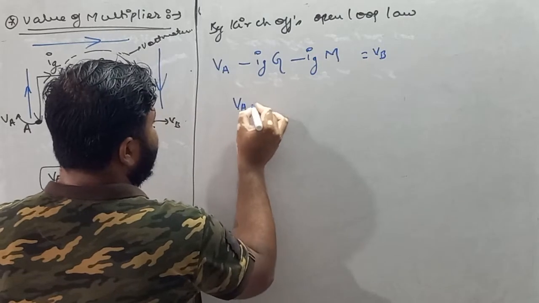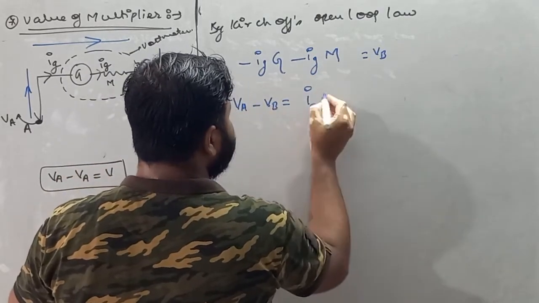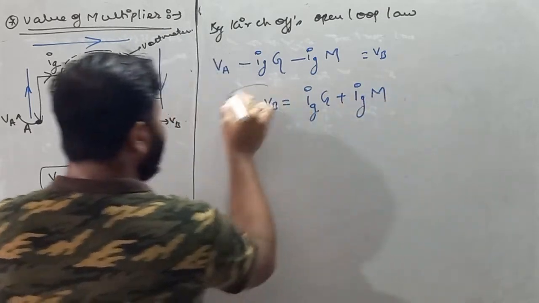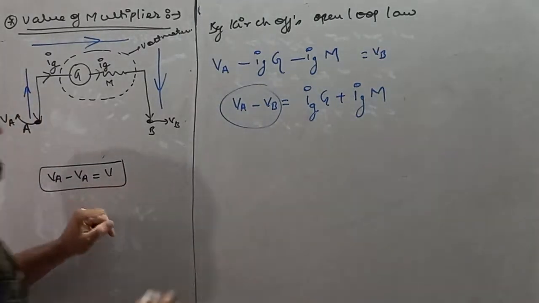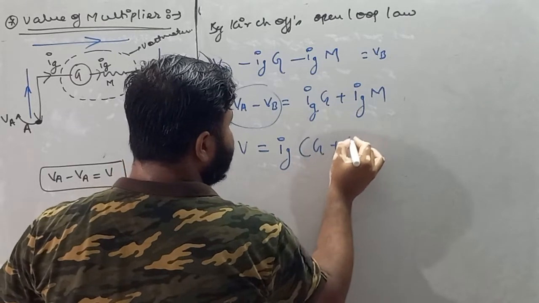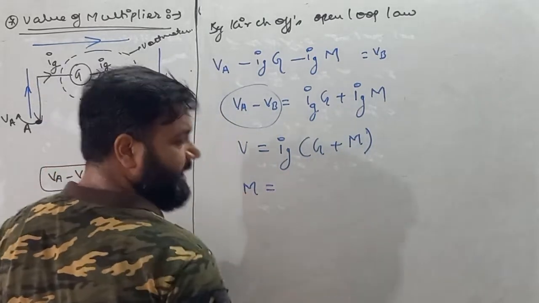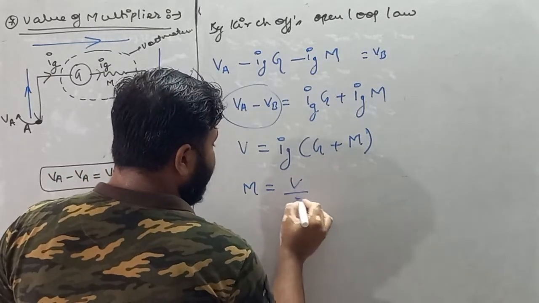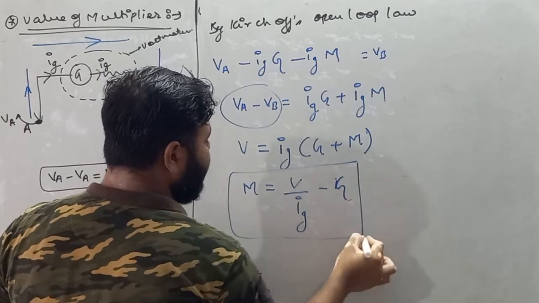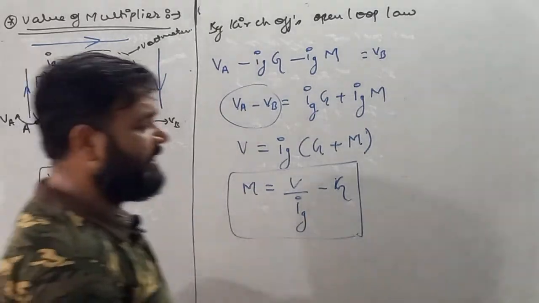So we write VA minus VB is equal to IgG plus IgM. VA minus VB is nothing but V. So V is equal to Ig times G plus M, taking Ig common. So M is equal to V by Ig minus G. This is the value of multiplier, my dear students.